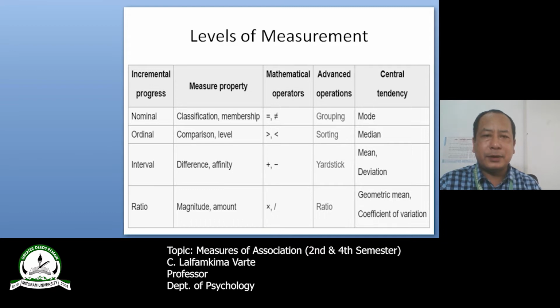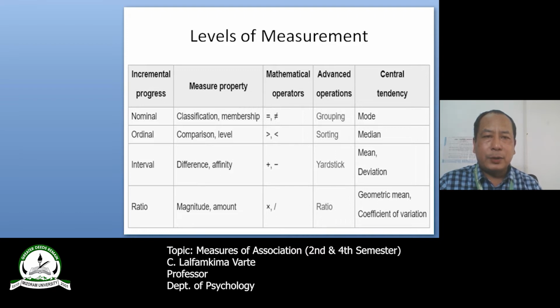As we look at the incremental progress of the different levels of measurement, as we move from nominal to ordinal, or from ordinal to interval, and so on, we can see that each of these measurement properties, the mathematical operations that are possible, and the advanced operations that can be done are inclusive as we climb the order.